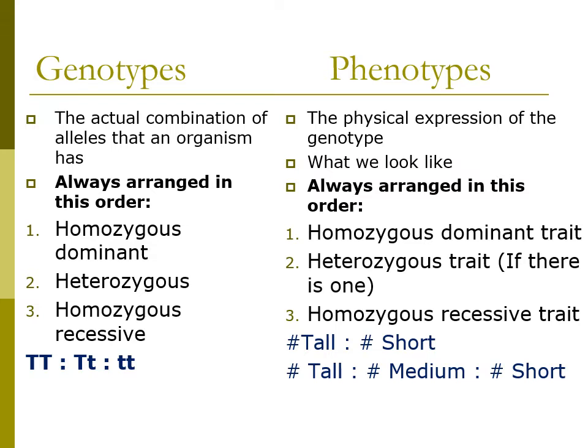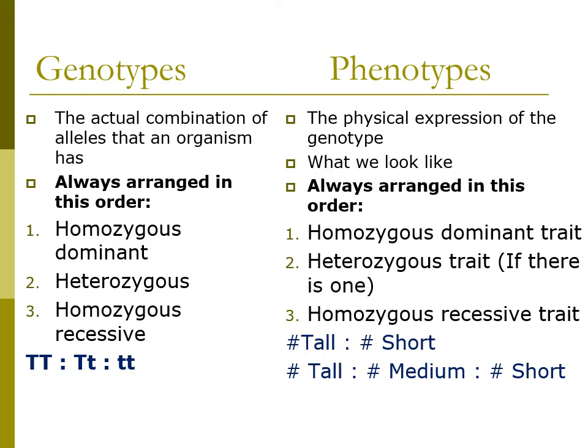Now, phenotype is different, so think phenotype, physical. This is the physical expression of your genotype, so basically what you're going to look like. It's arranged in the same order, though depending on the kind of cross, we might not have a middle guy. So in complete dominance, that we're going to be talking about, this dominant gene in the heterozygous covers up the recessive like it's not even there.